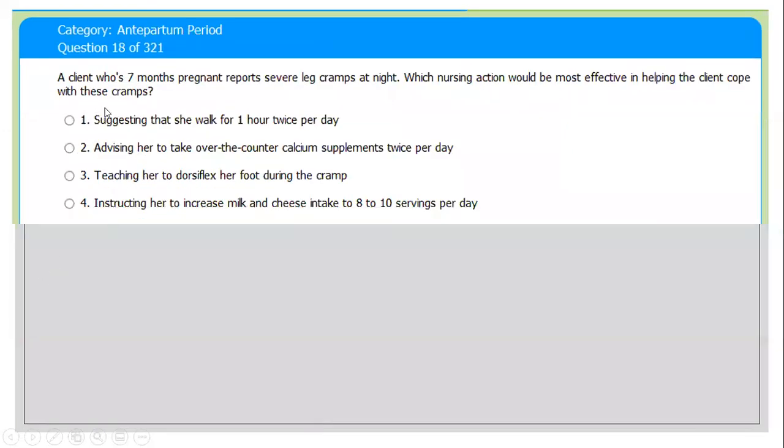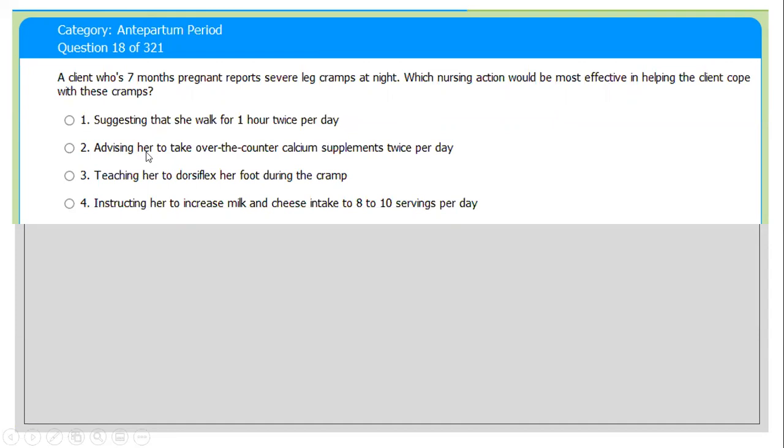Next question: a client who is 7 months pregnant reports severe leg cramping at night. Which nursing action would be most effective in helping the client cope with this cramping? Number one, suggesting that she walk for 1 hour twice per week.